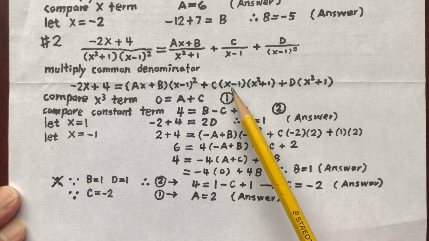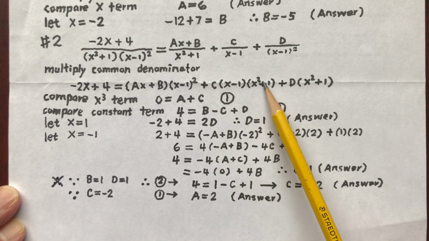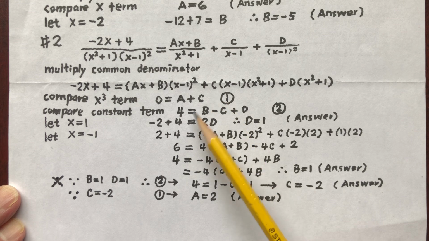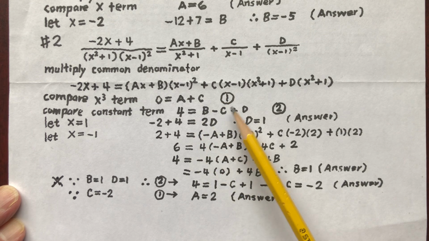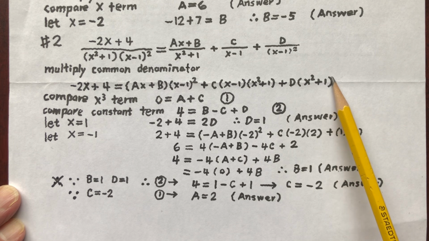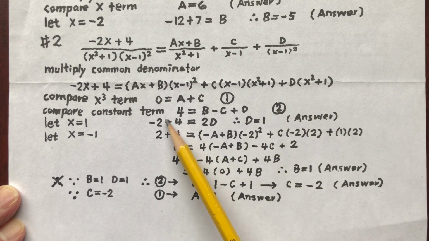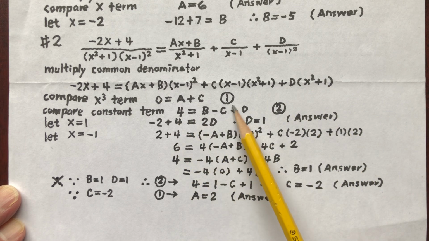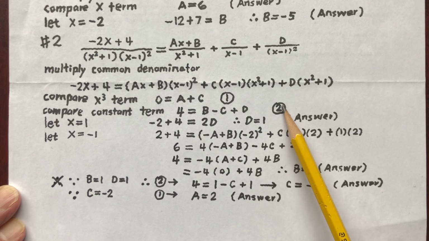And here I have -1, +1, so it's negative c. And this constant term is given by this 1, so it's d. I have this second equation.